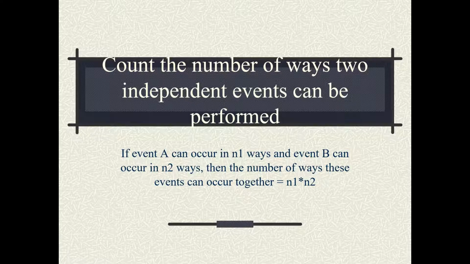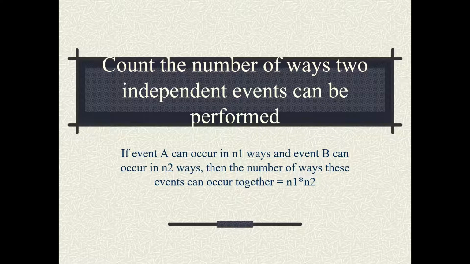Let's say event A can occur in n1 ways, n1 could be any number, right? Event A can occur in n1 ways while event B can occur in another n2 ways. Both n1 and n2 are some numbers. Then the number of ways these events can occur together is equal to n1 multiplied by n2.